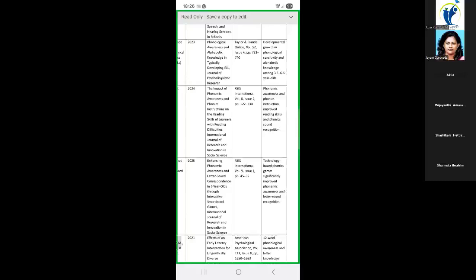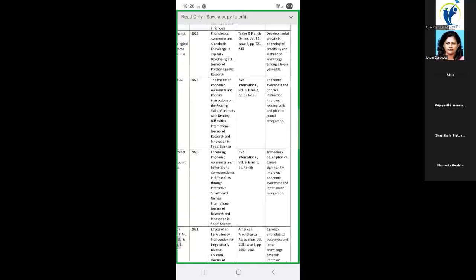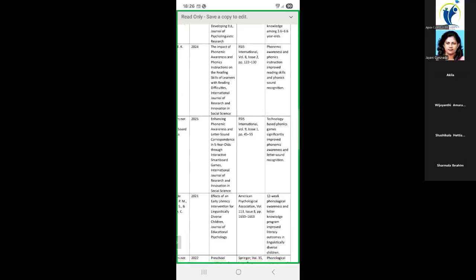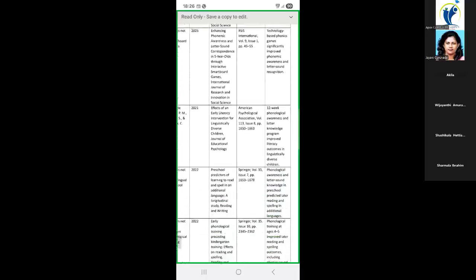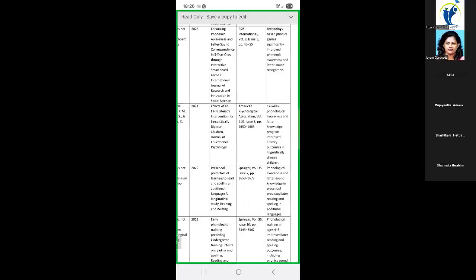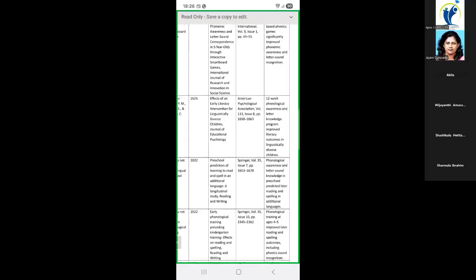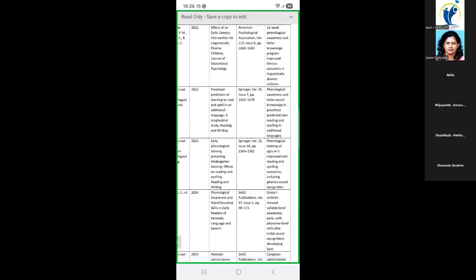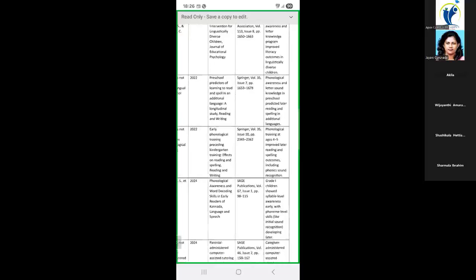The next one: technology-based phonics games significantly improved phonemic awareness and letter sound recognition. The next one: a 12-week phonological awareness and letter knowledge program improved literacy outcomes in linguistically diverse children. The next one: phonological awareness and letter sound knowledge in preschool predicted letter reading and spelling in an additional language.